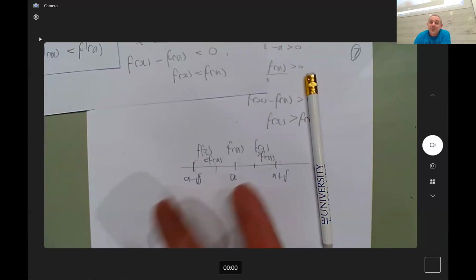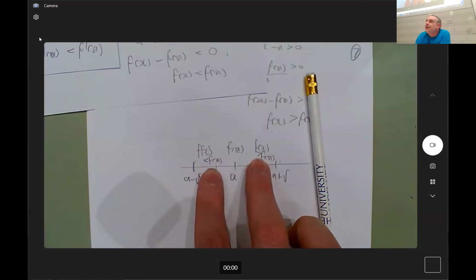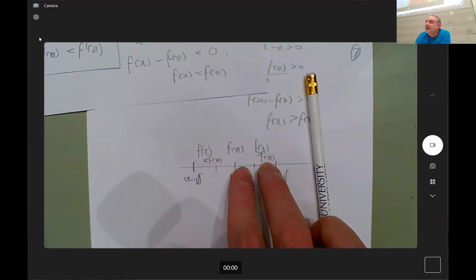I have at least proved something, right? That if the derivative is positive at some point, then there is a spot where all the points to the right have a higher function value and all the points to the left have a lower function value. And so it's definitely increasing if you think of only points from here to here. The question is, what about the points from here to here?